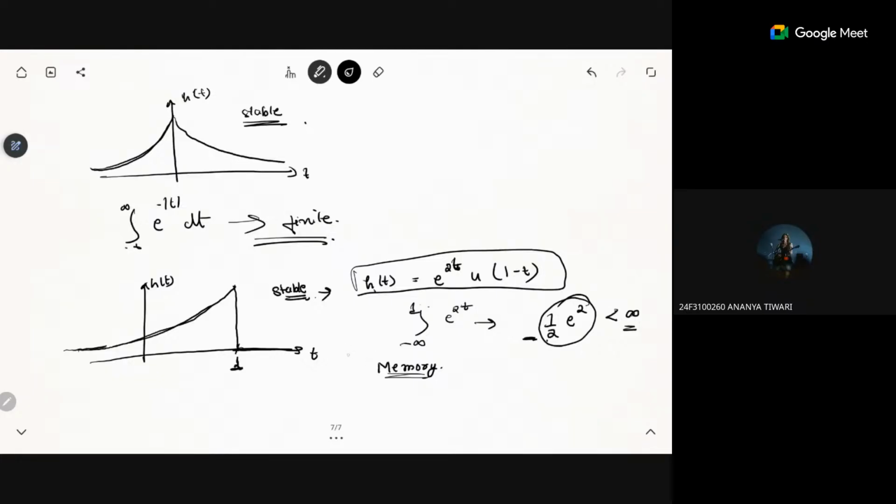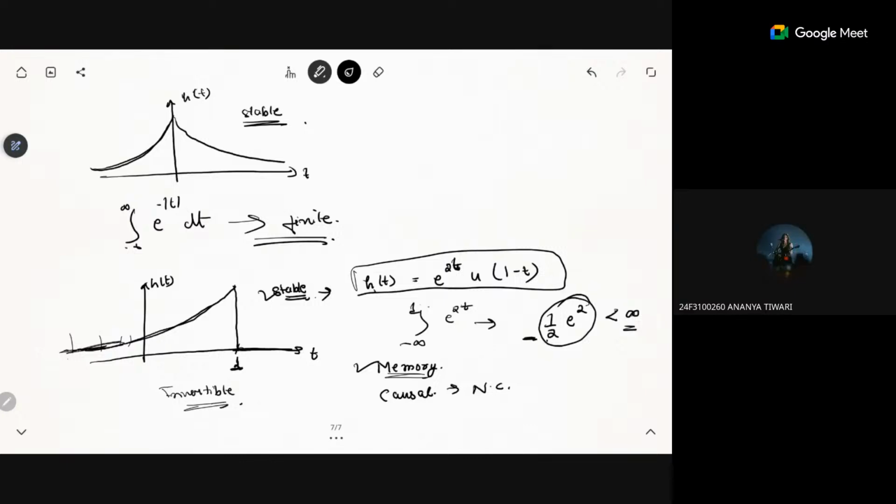So this is stable, and this has a memory. What about causality? Is it causal or non-causal? Non-causal, very good, because it has values on the left side of the y-axis. Invertibility: for now, just letting you know that it's invertible, but we will do it once we are familiar with the Fourier series.